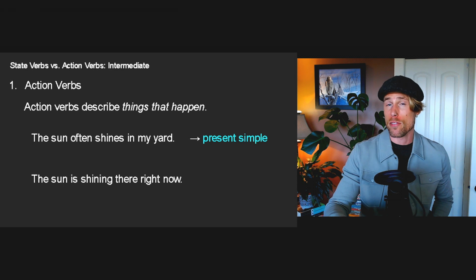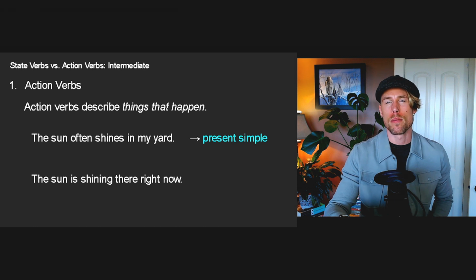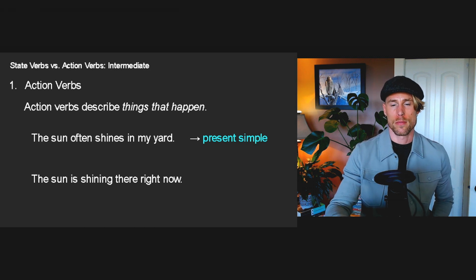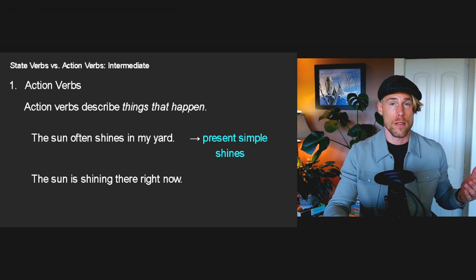The sun often shines in my yard is present simple. What is the verb that shows us that this sentence is present simple? Do you know? The verb is shines. So the sun shines.